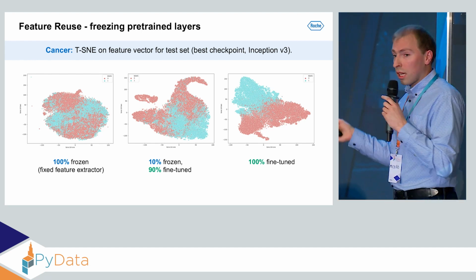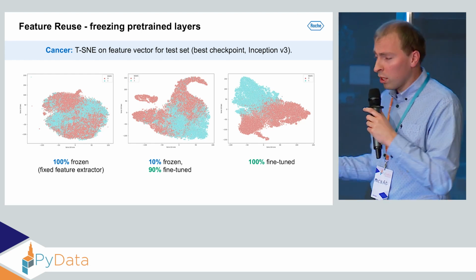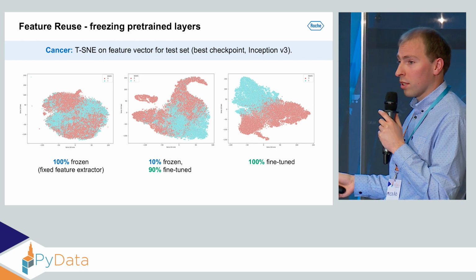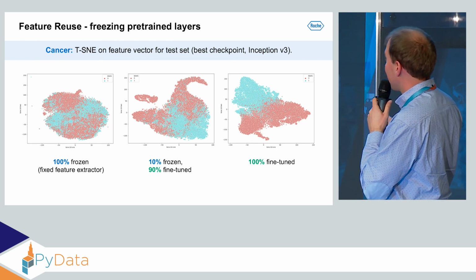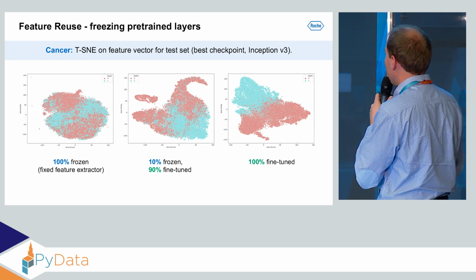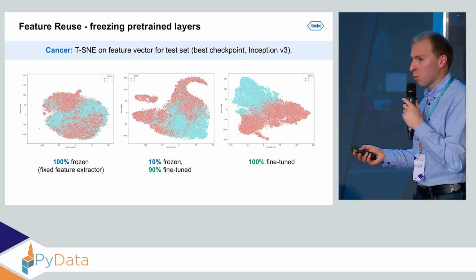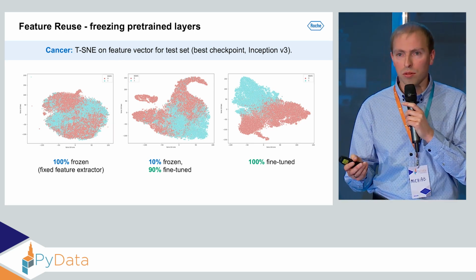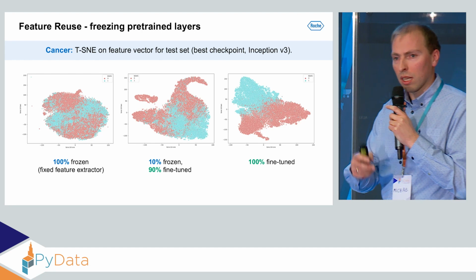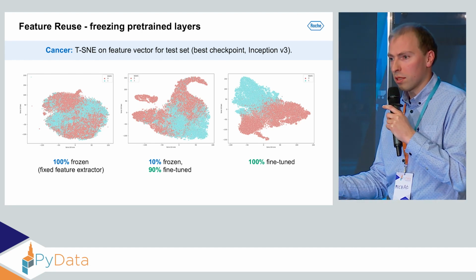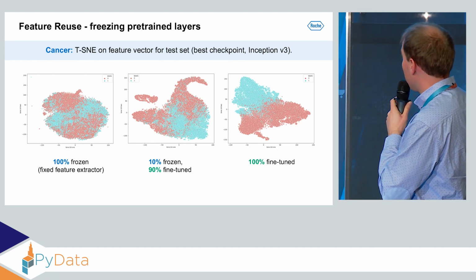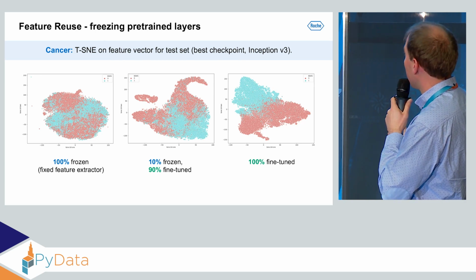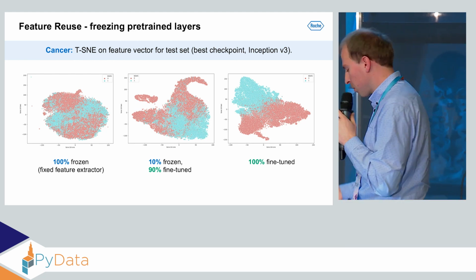And we can see here that even if you fine-tune 90% of the layers and freeze just 10%, our clusters are not that clear, meaning that the features produced by the network are not that useful to distinguish between cancer and non-cancer images. Only if we fine-tune basically the entire network can we see much better clusters.